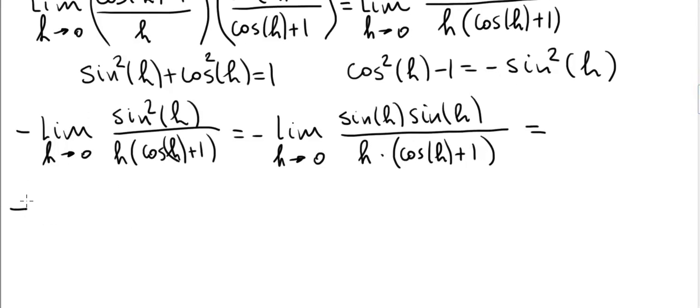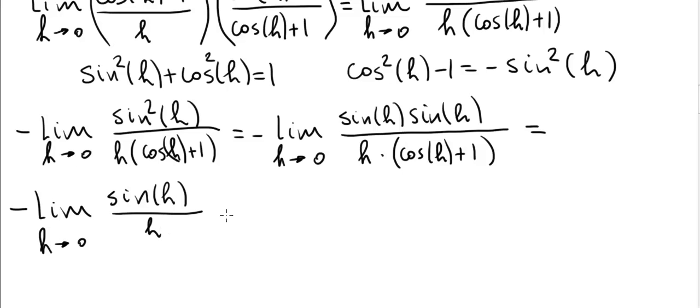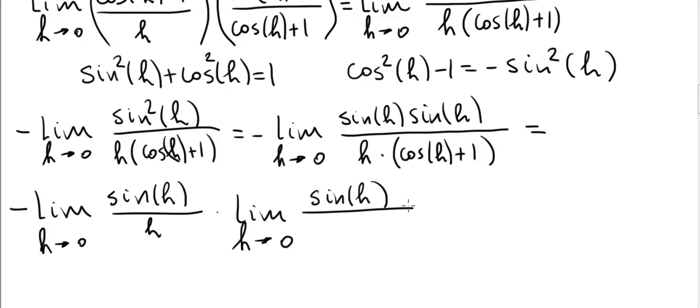So this is minus the limit h going to 0. The first limit is sine of h over h. The second limit is limit h, of course, going to 0, sine of h divided by cosine of h plus 1.